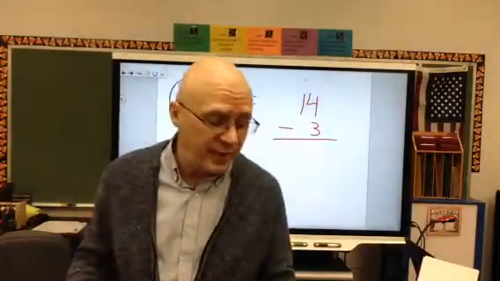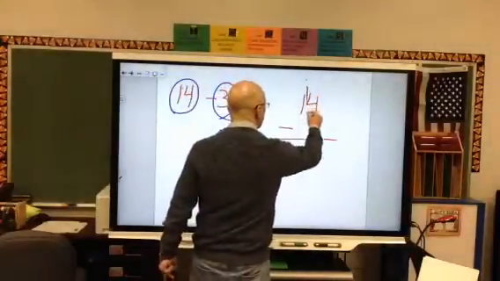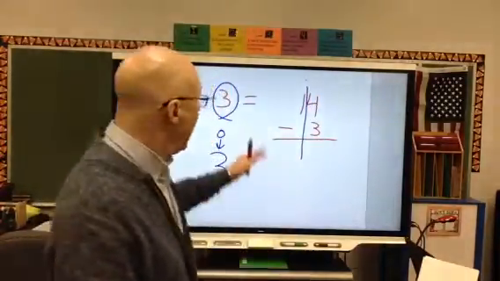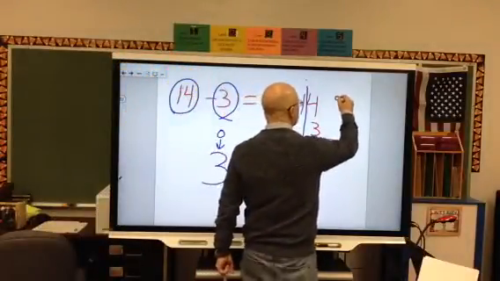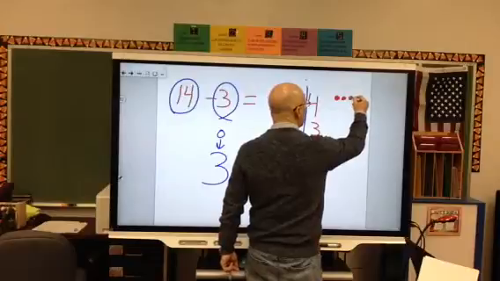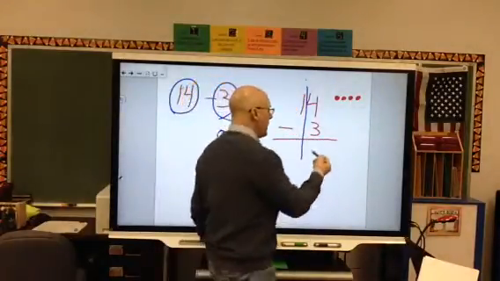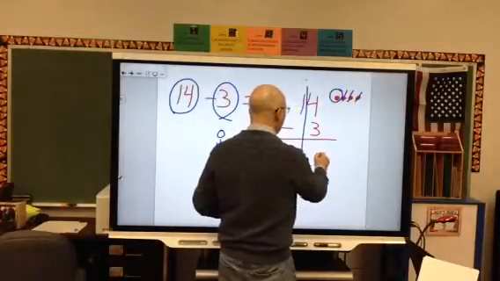Now I can solve it. Remember, we draw a line between our ones and tens? And we take them separately, don't we? Now I start with 4 here. And how many did I take away? I took away 3. How many are left? 1.